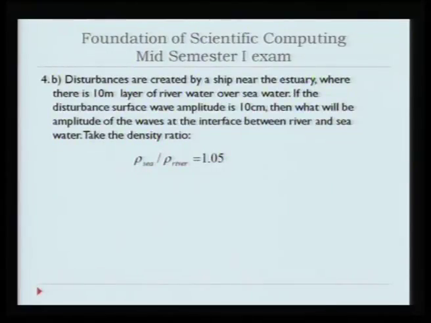Now if the disturbance surface wave amplitude is roughly of the order of 10 centimeters, then what will be the amplitude of the waves at the interface between river and sea water? You can take the density ratio of sea water over river water as 1.05.